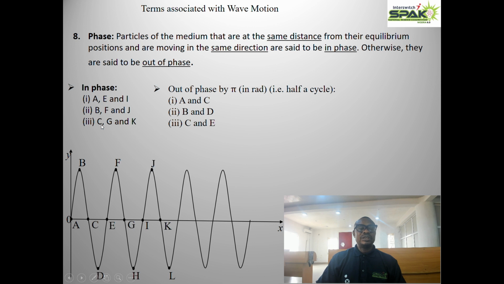What about C, G, and K? You find that out yourself. Then come down to those out of phase. A and C, are they out of phase? Of course they are, because they are not at the same distance, and they are 90 degrees out of phase. The same goes for B, D, C, and E.